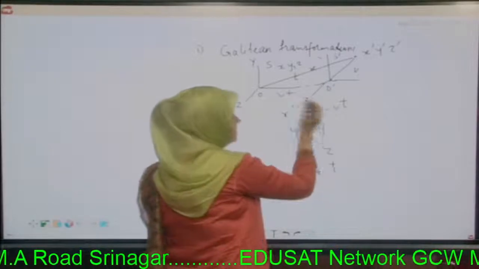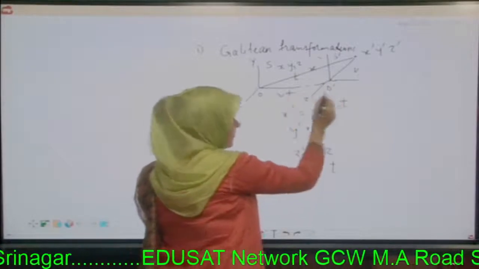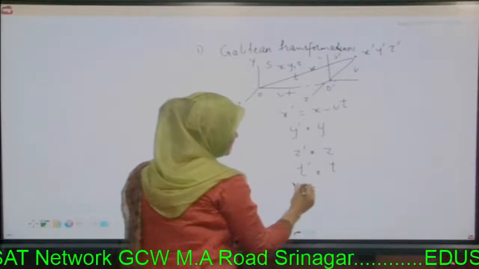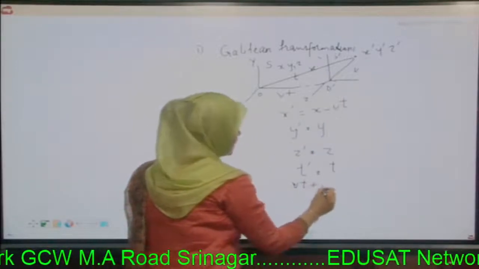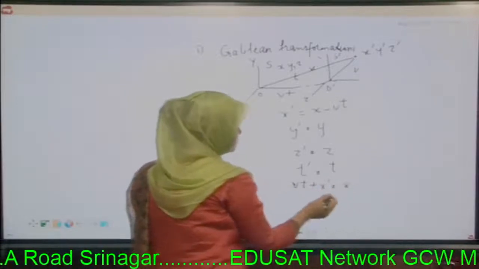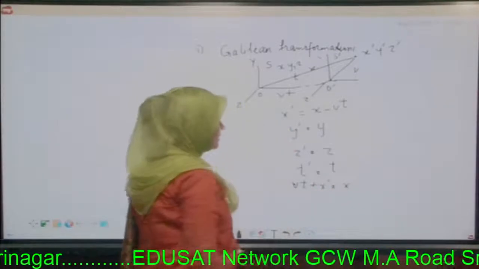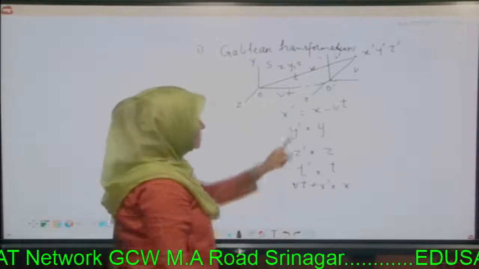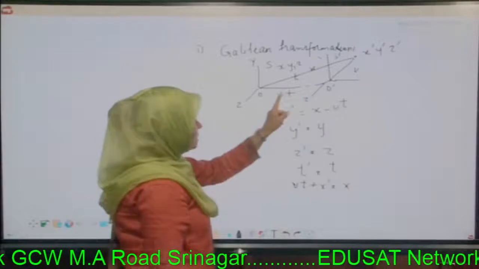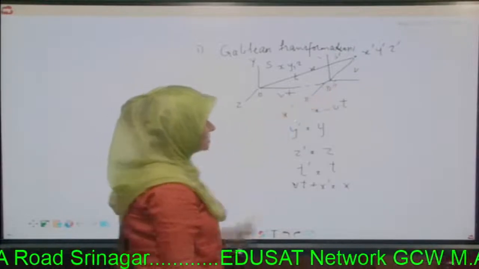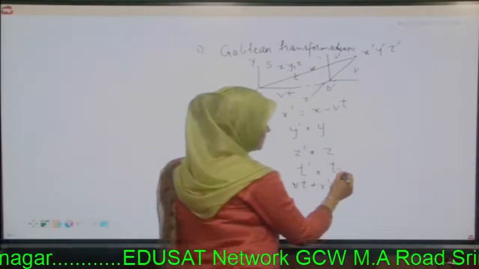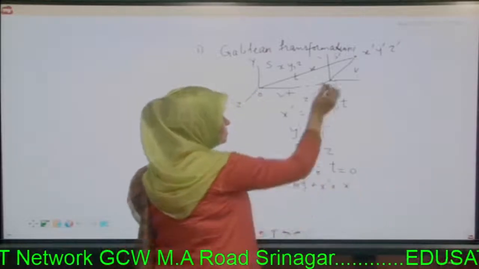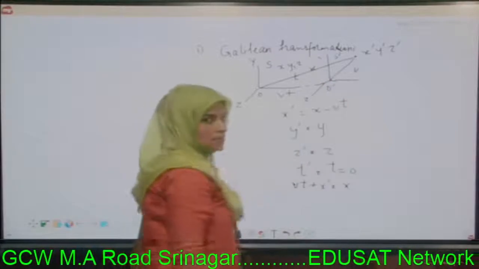In a time t, this will cover a distance vt. Therefore, by triangle law of vectors, it's quite easy to analyze that vt plus this x dash is equal to x. So it's from here that we get a relation of this kind. The other two coordinates will essentially remain the same. We also assume that at the beginning, we have chosen to synchronize the time coordinates of the two inertial frames. At the beginning, t dash and t are equal to 0. So we have chosen to coincide the coordinates at that time, right?